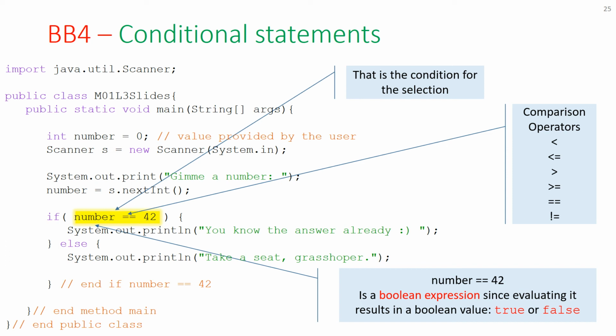The comparisons that we are going to be able to do are equal, same thing, lesser than, lesser equal, greater than, greater equal, and this symbol here that is exclamation mark equal, with no space in between. That means different. So this is equal, this is different, and the other ones are kind of self-explanatory, okay?